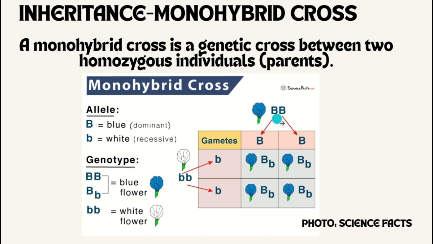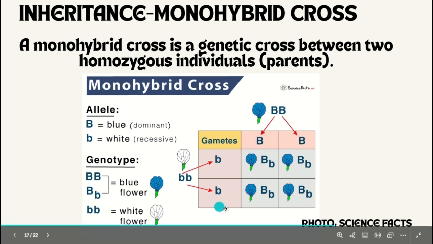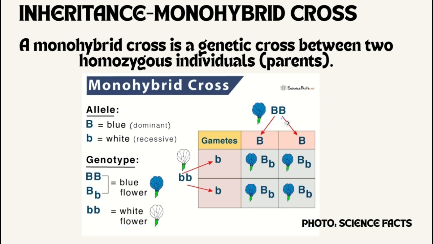We said homozygous, you can have homozygous dominant and also homozygous recessive. So if you cross a homozygous dominant with a homozygous recessive, let's do a different example. Let's say we do flowers.